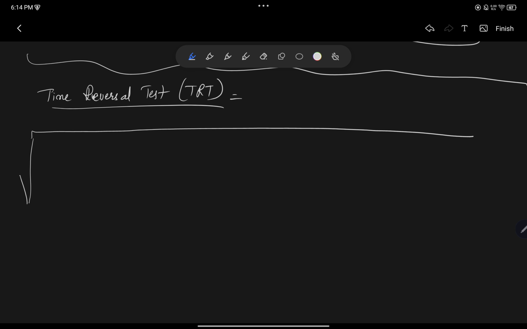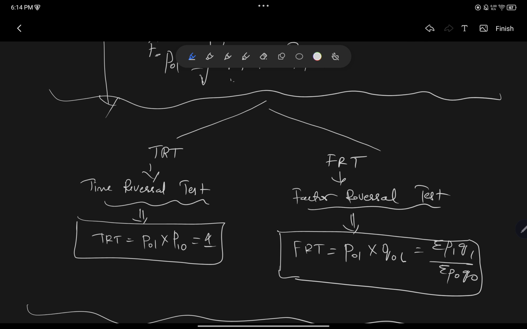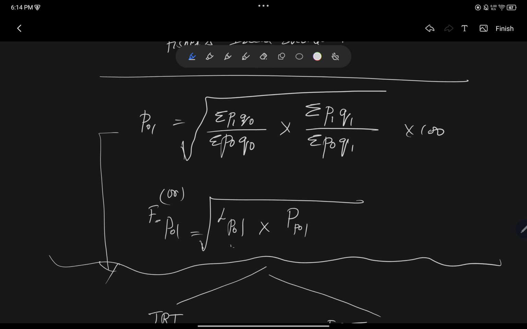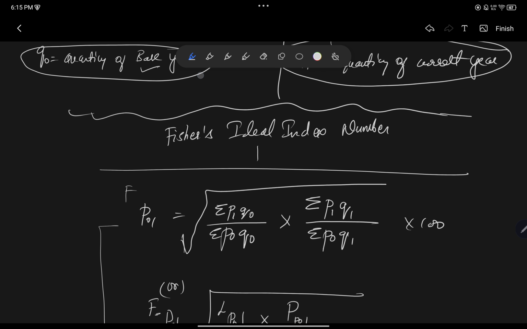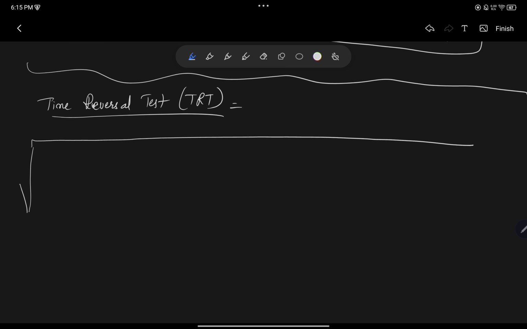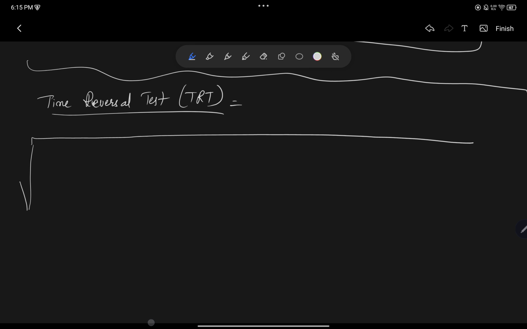First we need to write down the formulas of Fisher's index, or you can write the formulas of Laspeyres and Paasche both. So here, what was the formula of time? First, you know that summation of P1 divided by summation of P0, right?